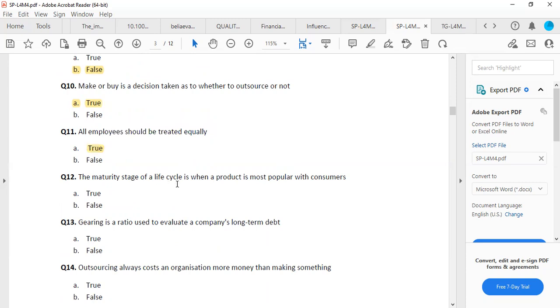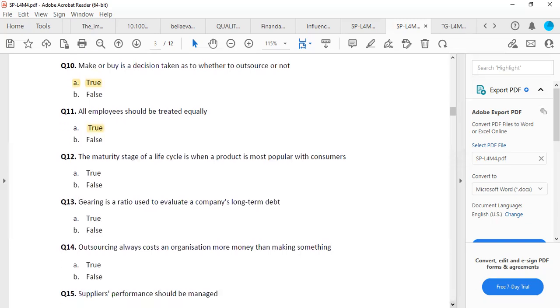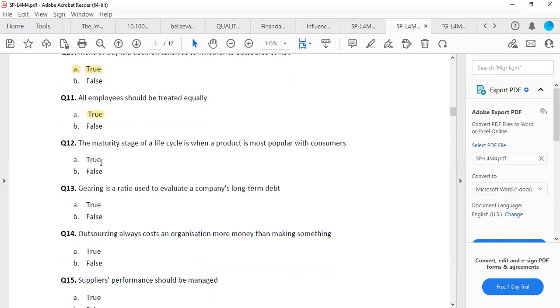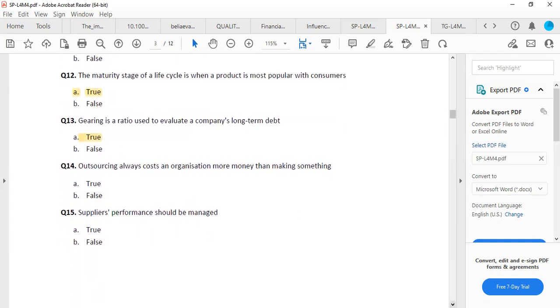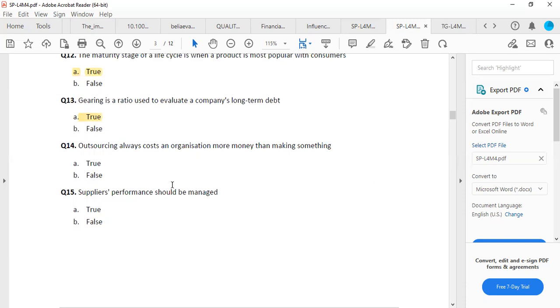All employees should be treated equally. True. The maturity stage of a life cycle is when a product is most popular with consumers. True or false? True. Okay. Gearing is a ratio used to evaluate the company's long-term debt. Yeah, true. Okay.